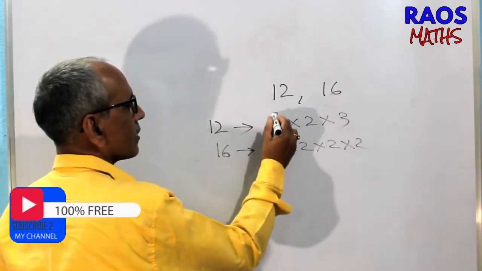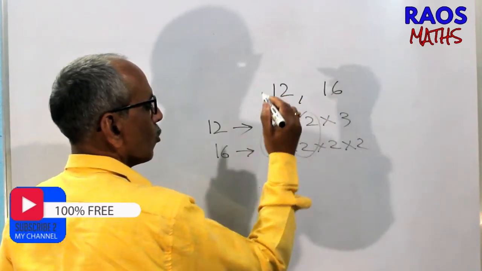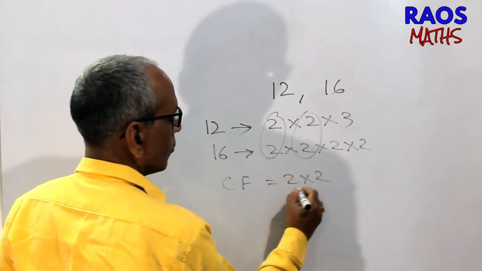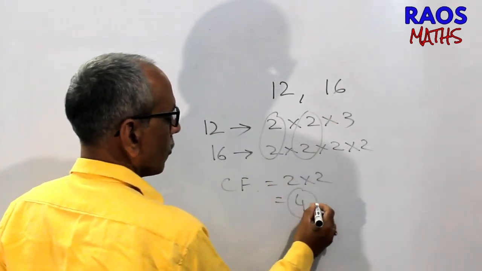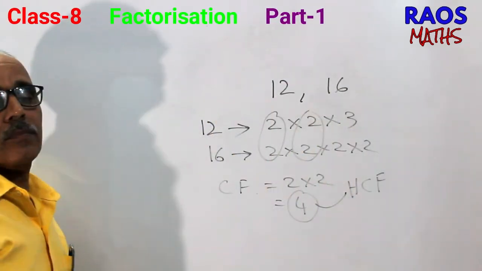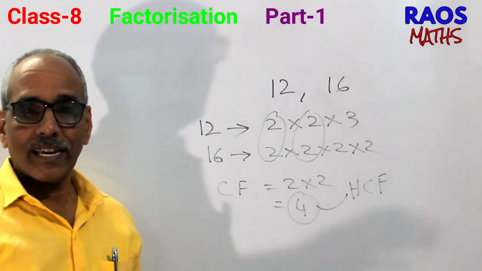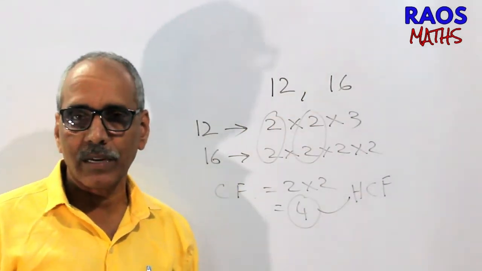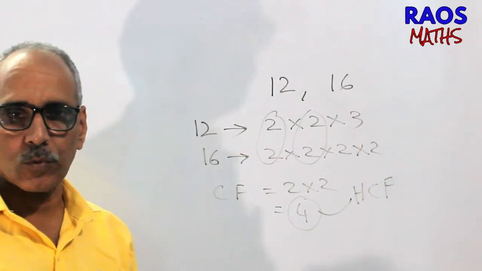The common factors are 2 pairs of 2's, that is 2 into 2, whose product is 4. So 4 is also called the HCF of the numbers. 4 is the highest factor that divides both the numbers exactly. You know the word exactly means that it divides leaving remainder 0.